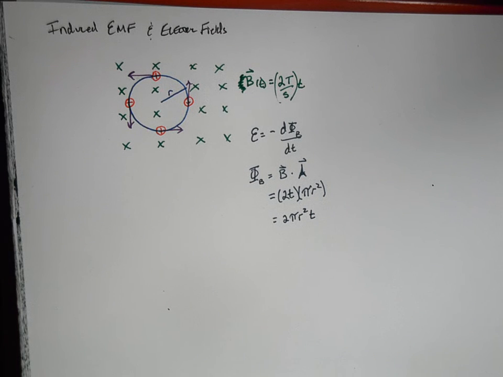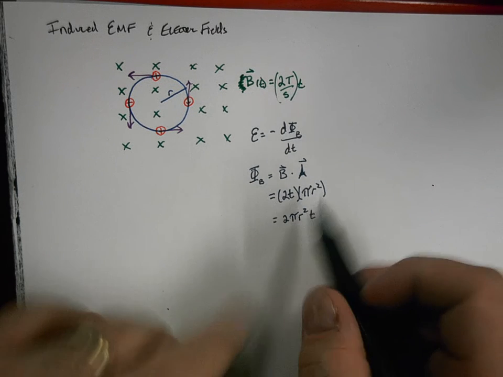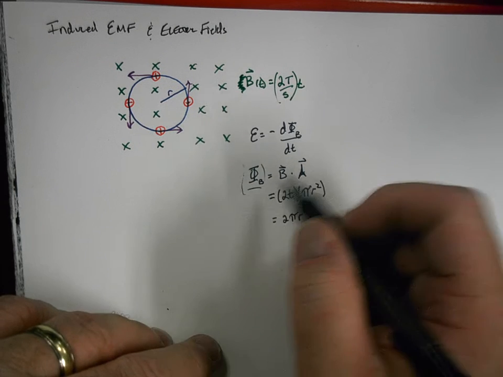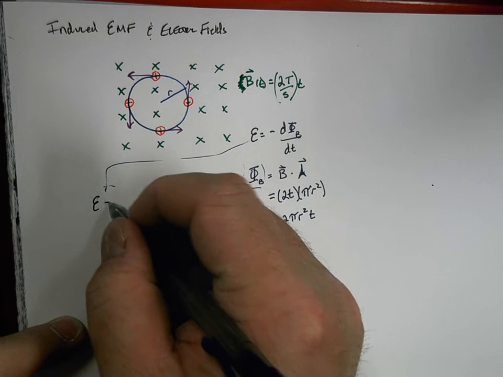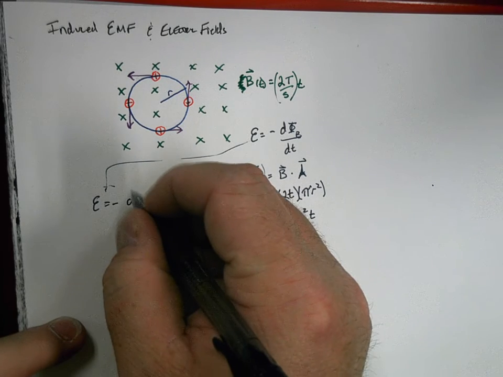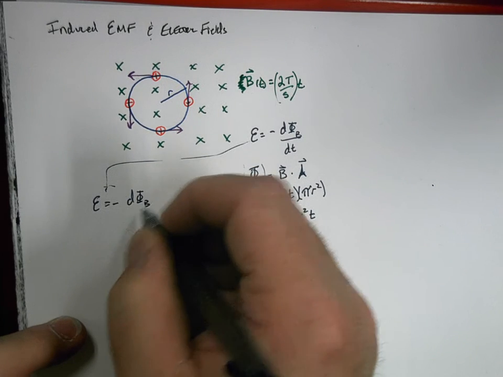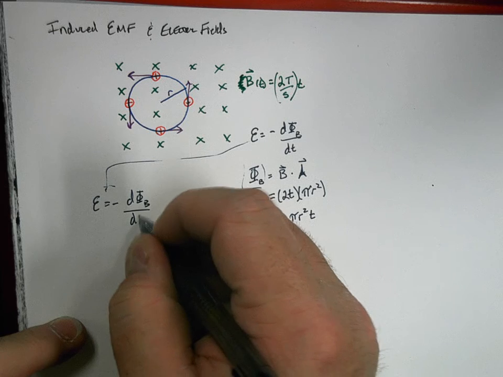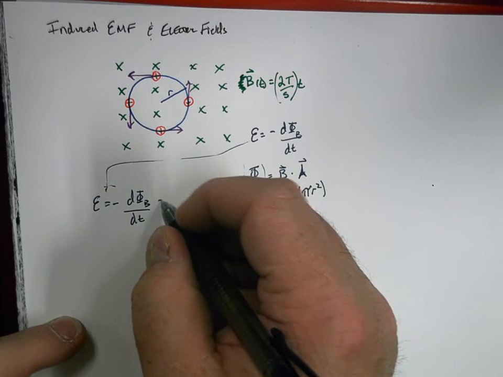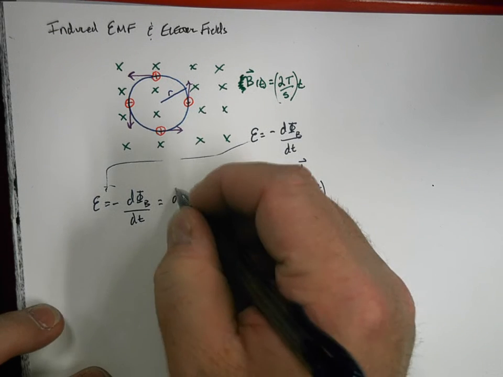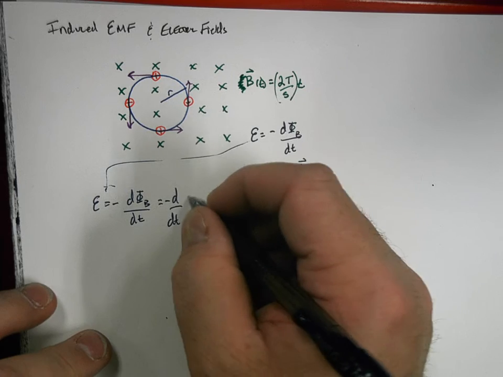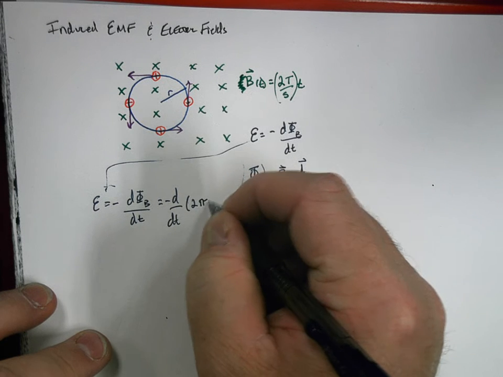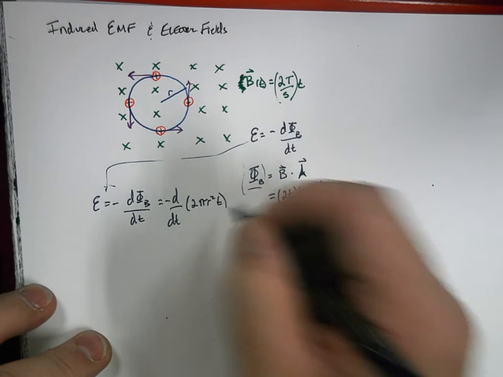Well, if this is what our phi is, and our EMF is negative d phi dt, then this is negative d dt of 2 pi r squared times time.